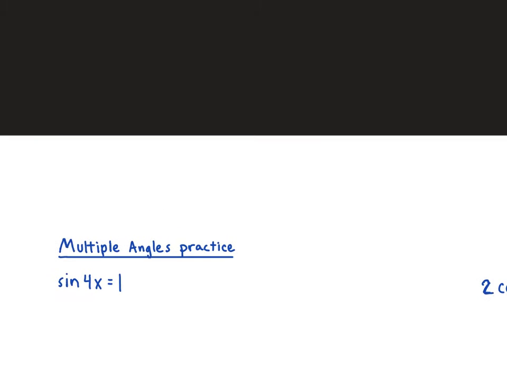So that is if we have a cosine or sine problem, to our answer we have to add 2k pi. And then if we have a tangent problem, we have to add k pi.